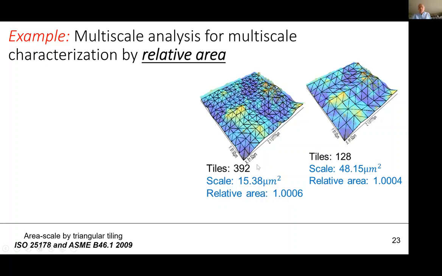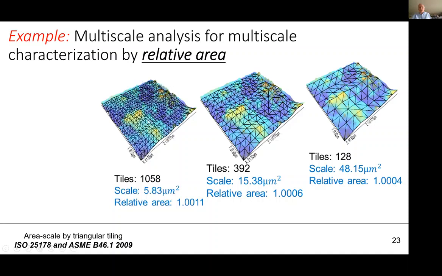This is a measurement with finer and finer tiles, and we can see that the number of tiles, of course, goes up as they get smaller, but it goes up by more than it would if it were a smooth surface. So the relative area tells me, in this case, that I've now got 0.11% more area than I had.